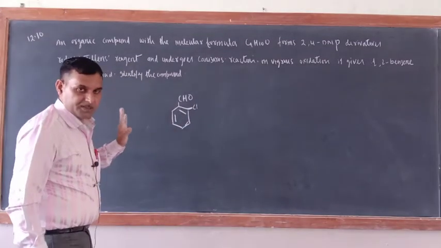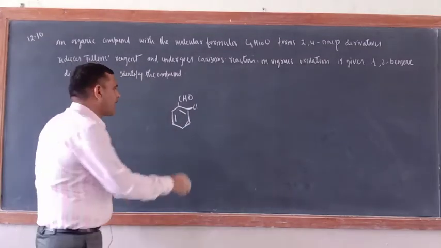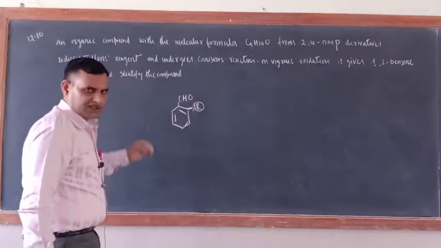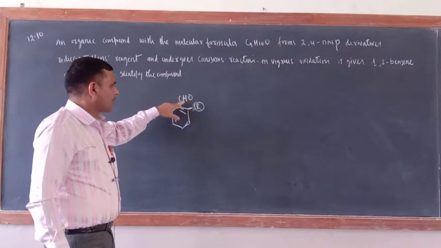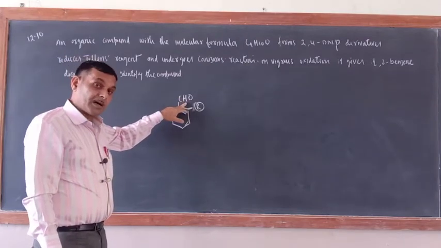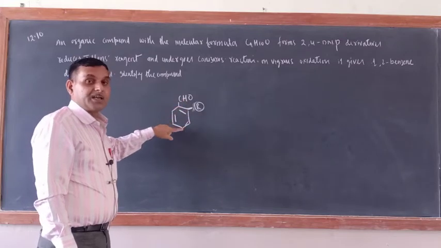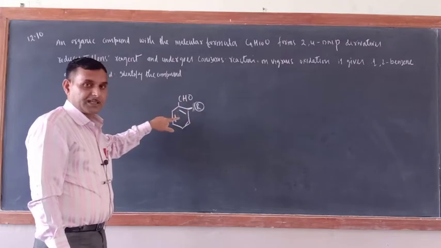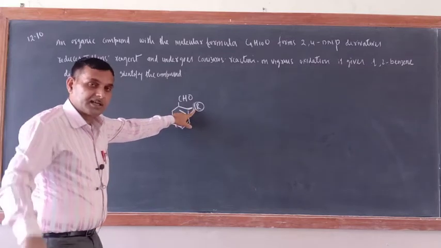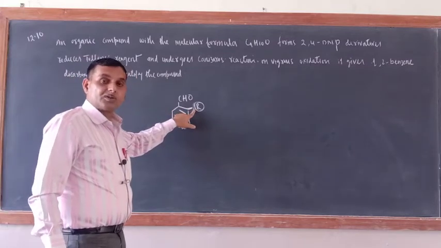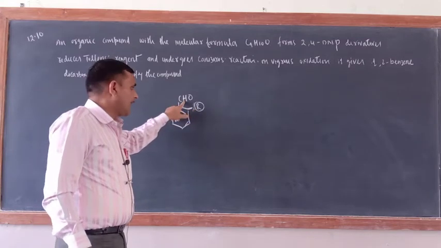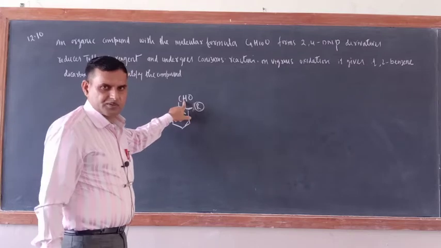I will tell which alkyl group, the R group, is there. Of course it is an aromatic aldehyde, but since it is giving 1,2-dicarboxylic acid, it means an R group is there, and you know when R undergoes oxidation, it directly gets converted into a COOH group, and CHO of course will be converted into a COOH group.